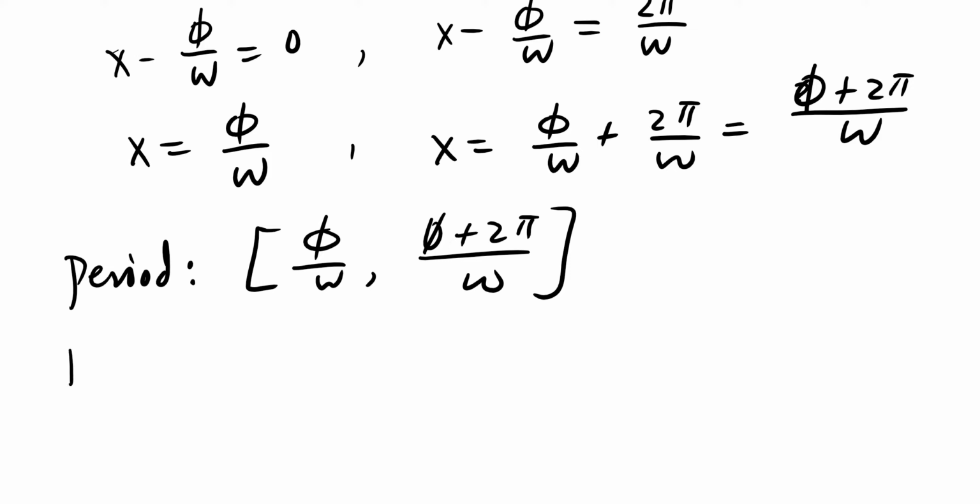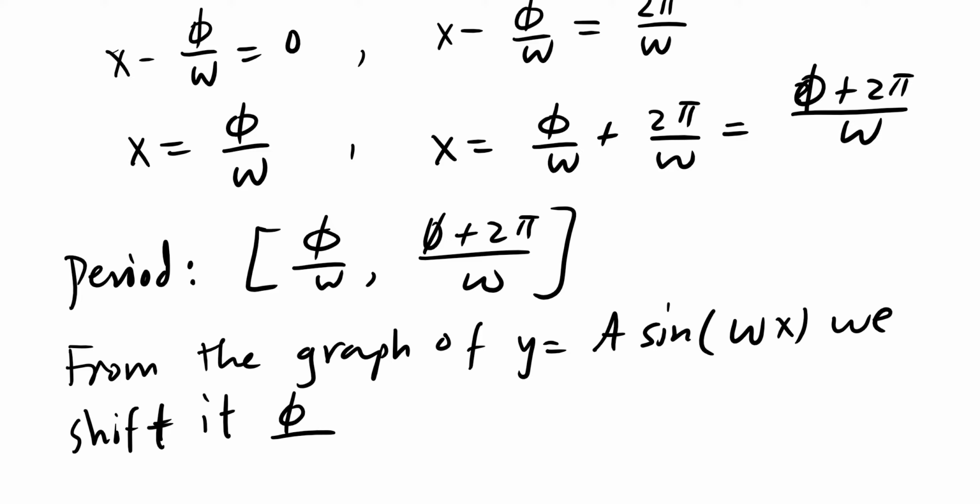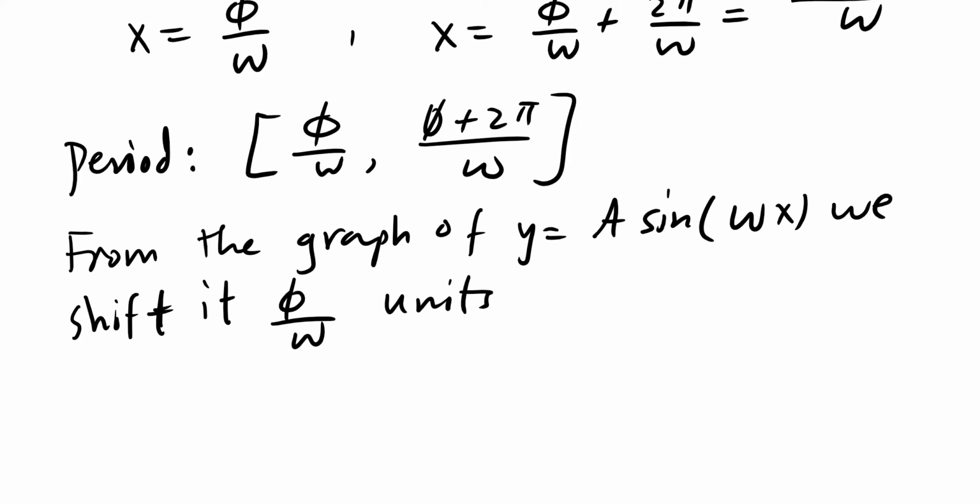So then we can say that the graph of y equals a sine omega x can be shifted phi over omega units, either to the right or to the left.